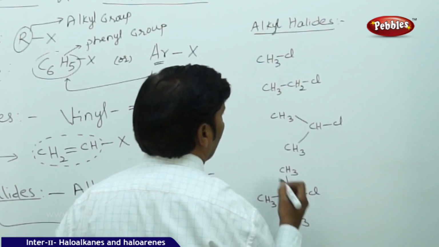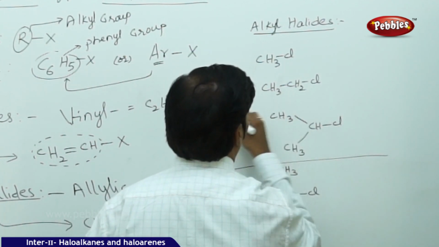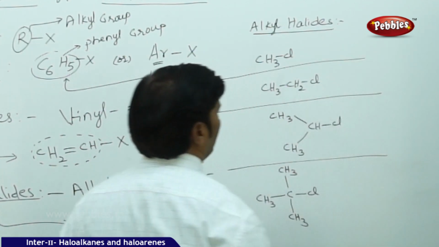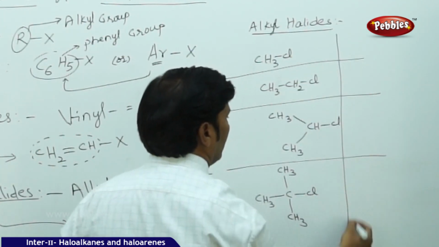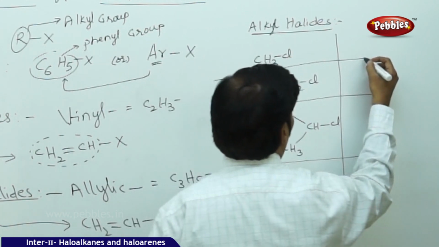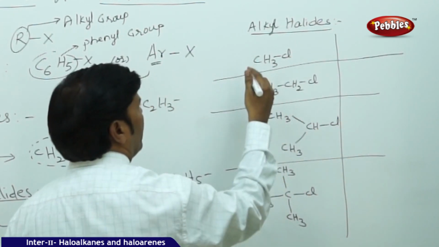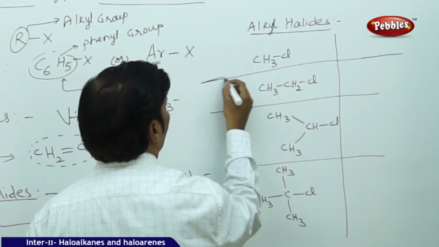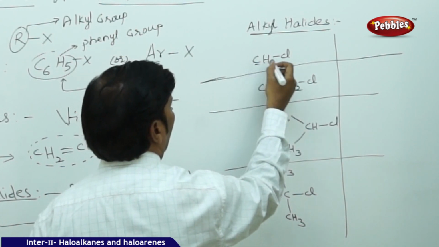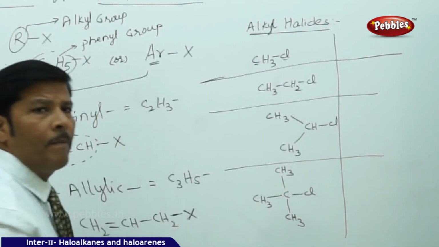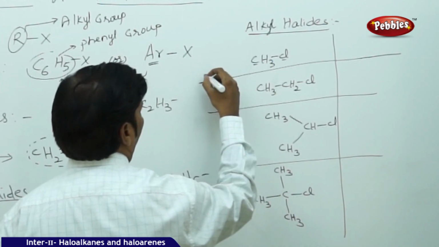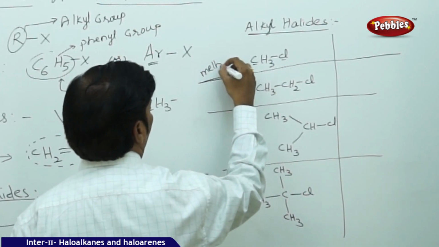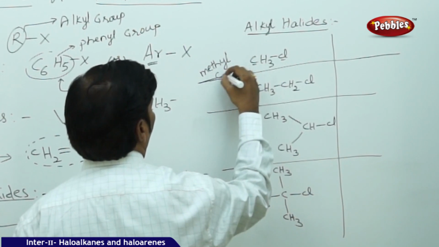So what we are noticing in these examples is, if you want to write the common name, here there is only one carbon and one chlorine group, so we can simply say methyl chloride. Common name is methyl chloride.